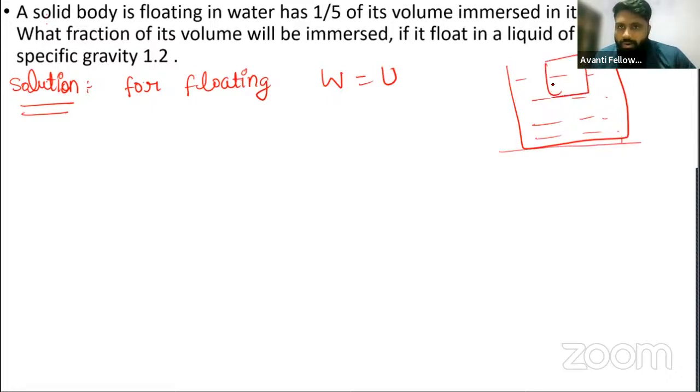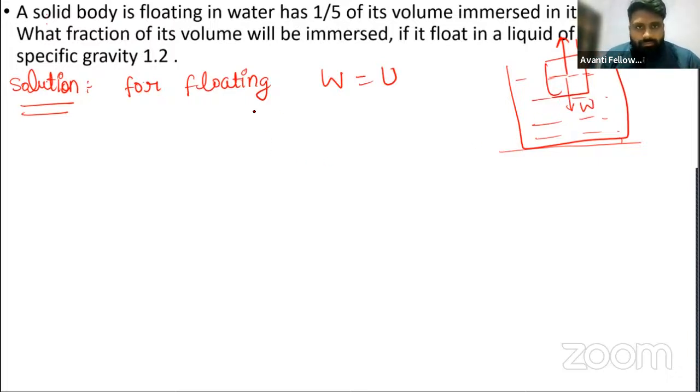So this is the block we have. So in the condition of floating, the buoyant force that is applied on this is nothing but the upthrust. Okay. This equalizes the weight of this.